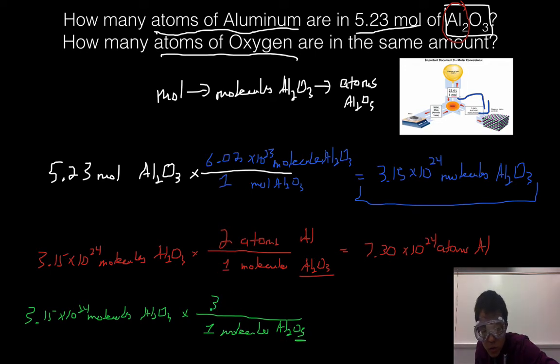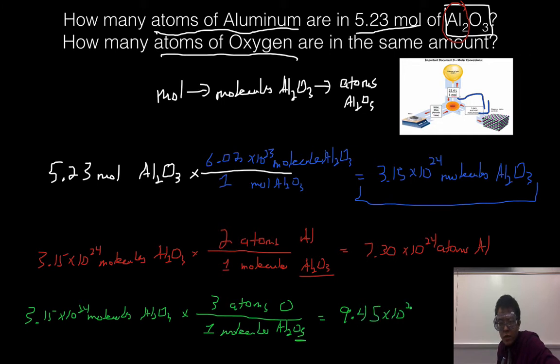It looks like 3. So there are 3 atoms of oxygen. And so if I do 3.15 times 3, that's 9.45 times 10 to the 24th atoms of oxygen.